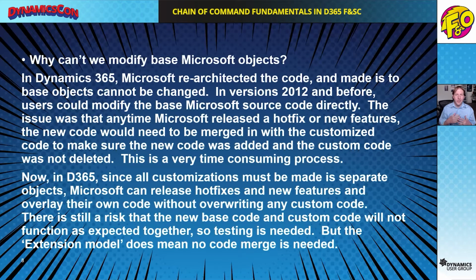And that was really time consuming. It was costly. It meant that companies really didn't take hot fixes or new features as quickly as anyone would have liked. And so in D365, Microsoft came up with this great new architecture that includes chain of command to work around this.